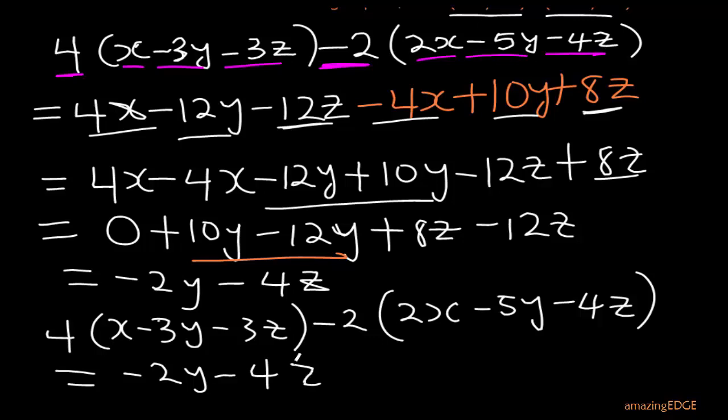So what have we done? We have removed the two brackets. All these brackets, we have taken them away, which means we are multiplying the terms inside the bracket with the terms outside the bracket. And this should be your final result. And that's what we have.